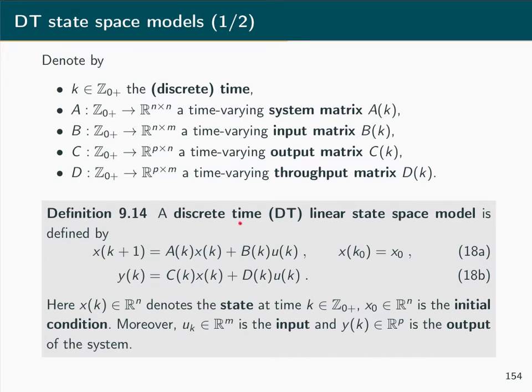Hence, a discrete time linear state space model is defined by equation 18, consisting of a state equation and an output equation, where the state equation updates the state at the next time step, so x of k plus 1, which is equal to A of k times x of k plus B of k times u of k, where x of k is the state at the previous time step and u of k is the control input, and the output at time k, y of k, is given by C of k times the state at time k plus D of k times the control input at time k.